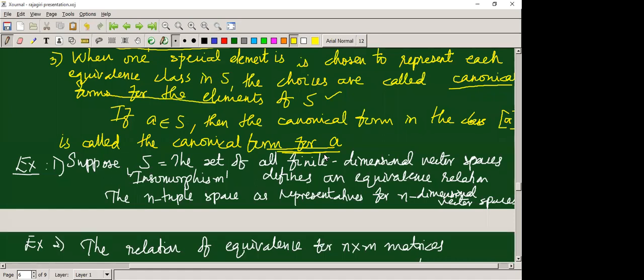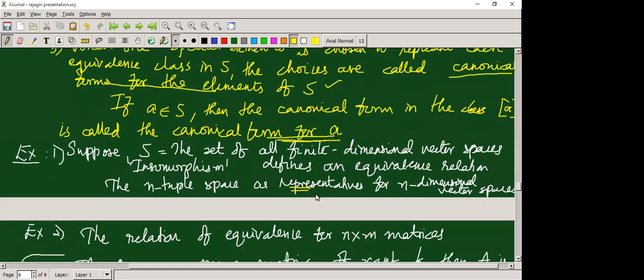If the dimension is n, that equivalence class is named by Rn, or if you are taking a general field F, by Fn. Suppose S is the set of all finite dimensional vector spaces under isomorphism. This defines an equivalence relation. The n-tuple space representing an n-dimensional vector space is the canonical representation.